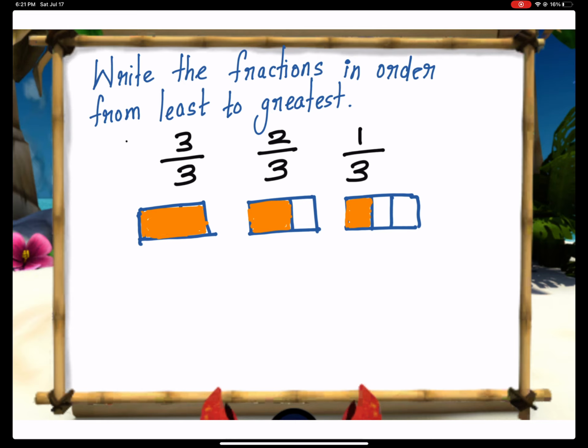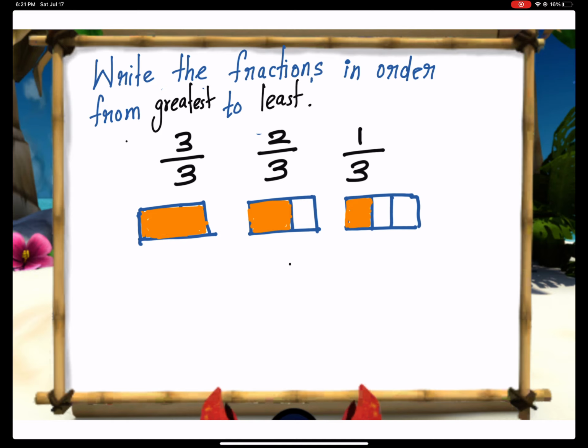Now let us arrange the same fractions from greatest to least. So let me erase the least word and the greatest word in the question, and let me change it. Okay, so now we are doing it from greatest to least. Greatest means bigger value and least means the smallest value.